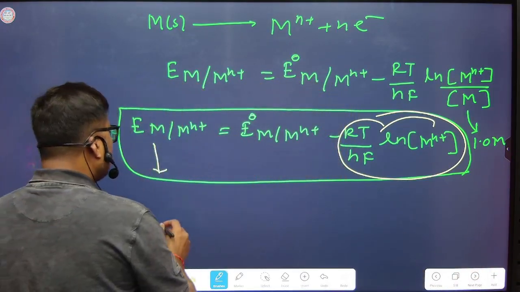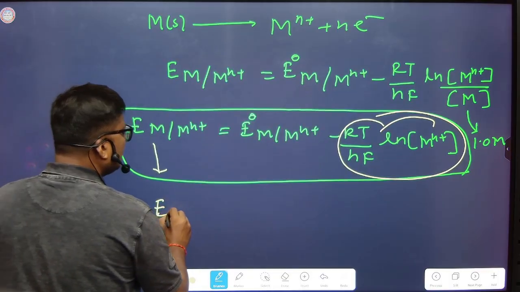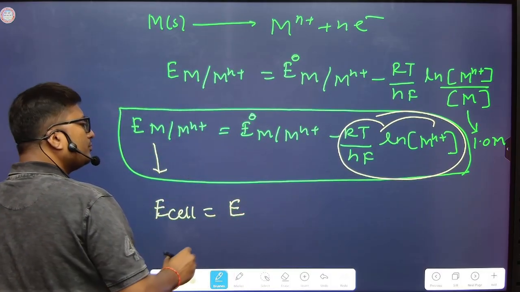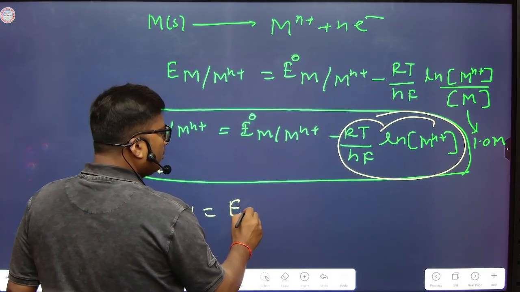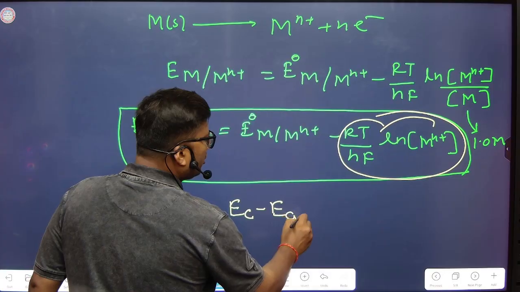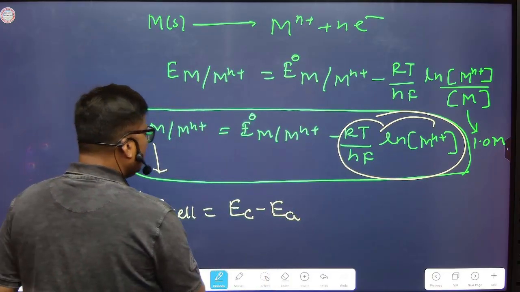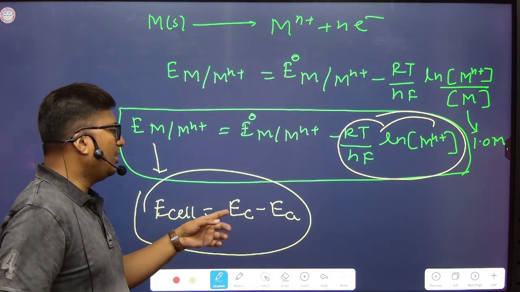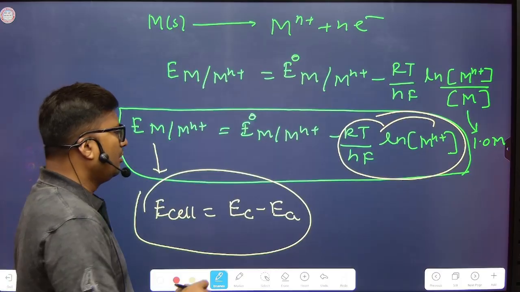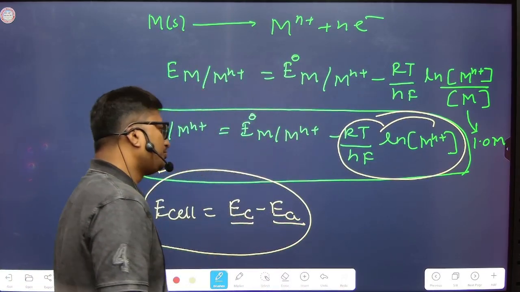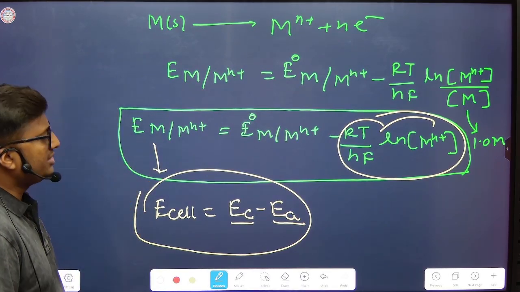So E cell is equal to E cathode minus E anode, right? This is the cell potential, which is the difference between the reduction potential of the cathode and the reduction potential of the anode.